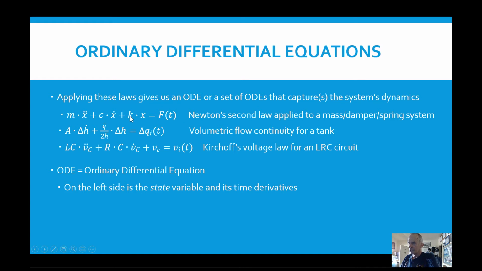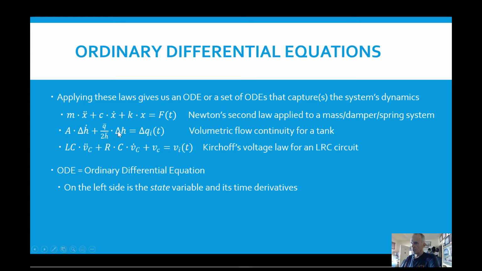So over on the left-hand side, I have the state variables or their derivatives. And then I can also have physical constants in the equation, which don't change with time, over here on the left-hand side. And that's true of all three of these equations.